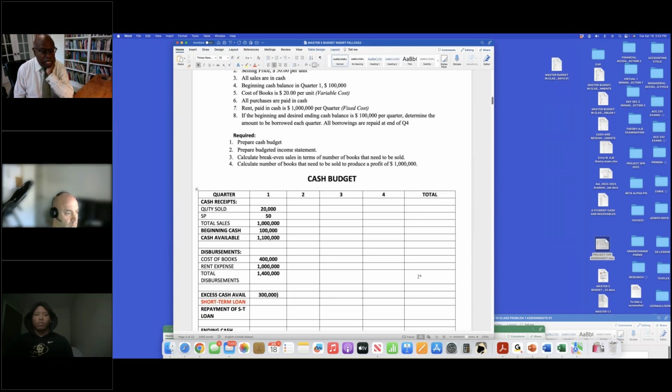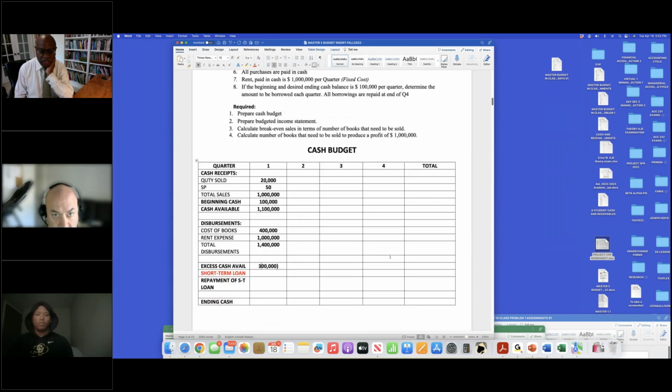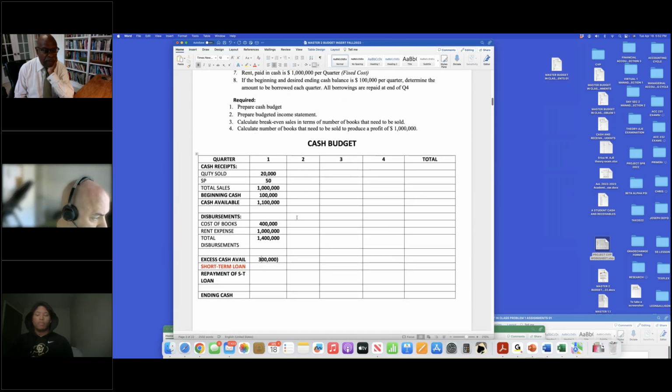So you've got to prepare this cash budget for the banker and show him what you need. So how much do we have to borrow? We know that we're short 300,000, and we've got to have 100,000 down here. So we need to borrow 400,000.